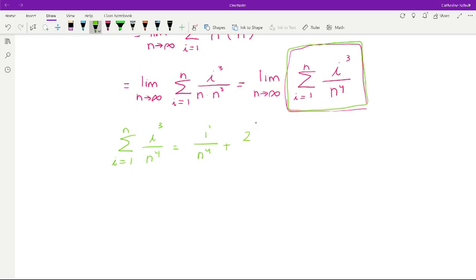And then i equals 2, then i equals 3, i equals 4, etc., all the way up to where it's telling us to stop at n. So n cubed over n to the 4th. And so in all of the terms, we have this n to the fourth. And if something's in all of the terms, we can factor it out. So that's what we're going to do. That's equivalent to us moving it outside the summation sign.